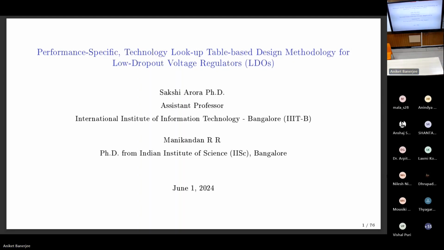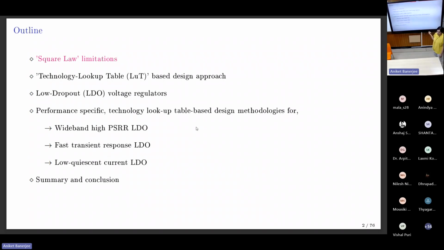We have these sections for the talk. First, we talk about square law limitations. If you've been designing circuits using square law, then we talk about how it's limited and it will be more and more limited as we go forward with process advancements. Then we go for a quick overview of the process: if I can't use square law, what do I do?